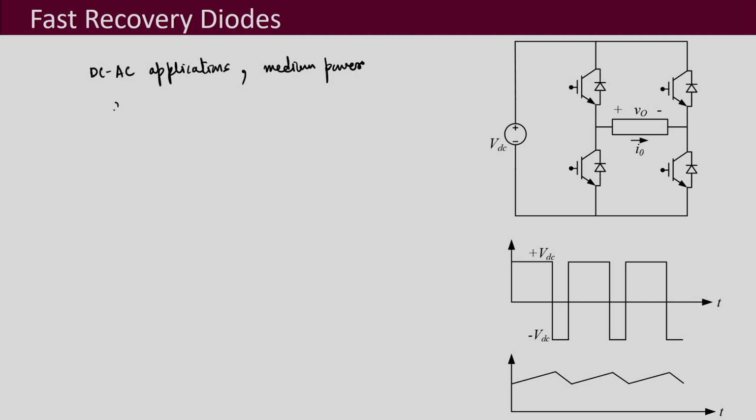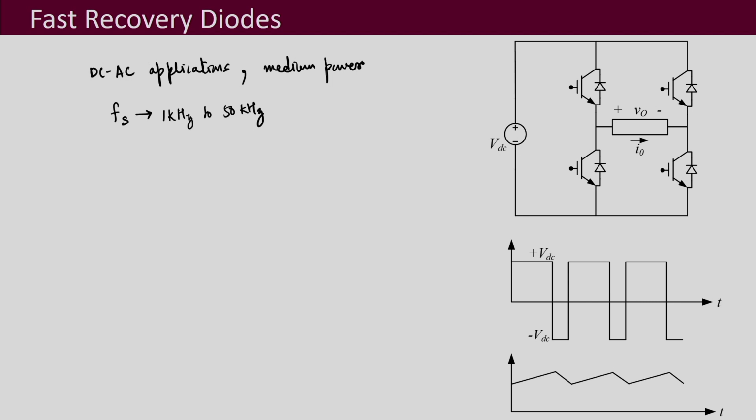The current requirements are also quite high, in the range of kilowatts. The switching frequency Fs can be from 1 kilohertz to 50 kilohertz. This is the usual switching frequency range for these kinds of applications.